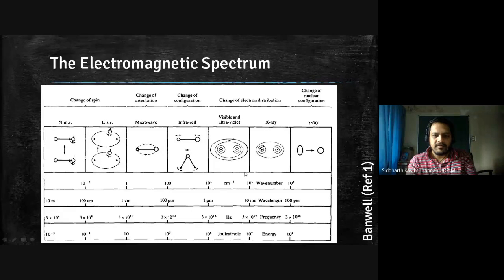Molecular vibrations happen in the infrared region. Normal ultraviolet or visible spectra happen due to transitions in molecular orbitals. He has depicted the molecular orbitals like this, which are shared between the two atoms, and atomic orbitals which are centered around one particular atom.